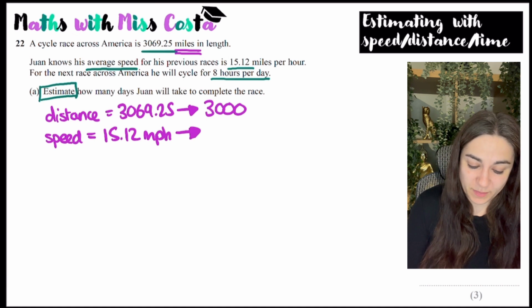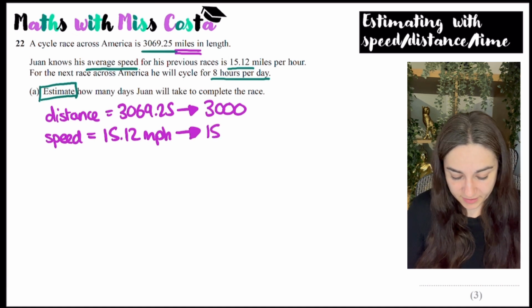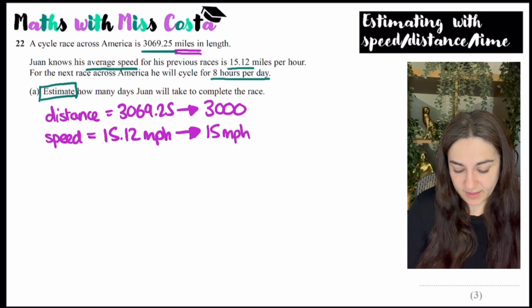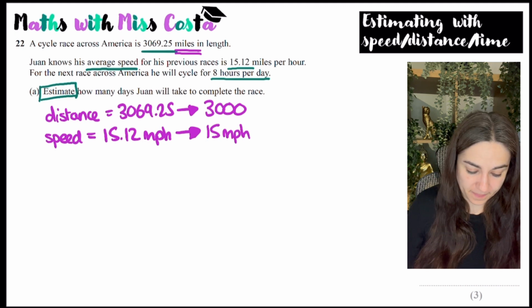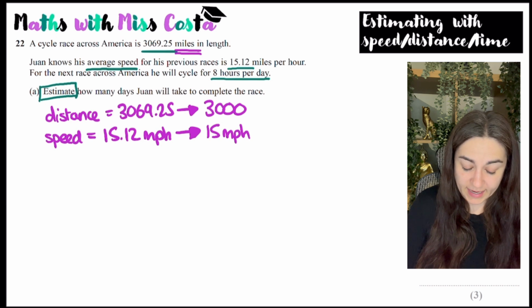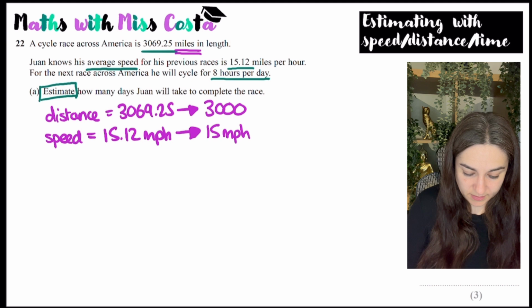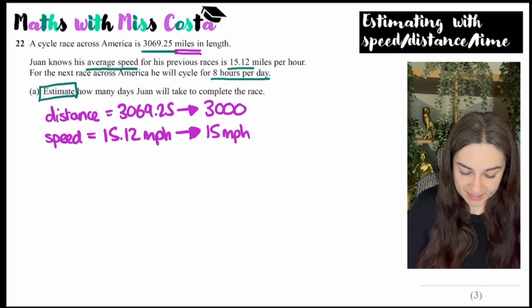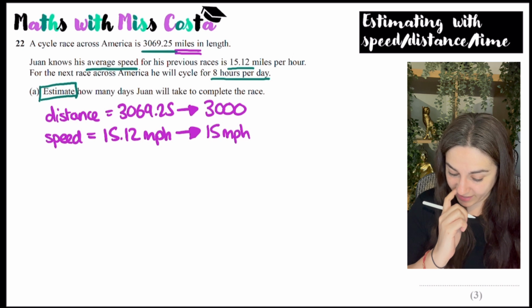That would make it a little bit more inaccurate though. So I'm going to round it to 15 miles per hour. And then for the next race across America, he's going to cycle 8 hours per day. And I need to estimate how many days Juan is going to take to complete the race.